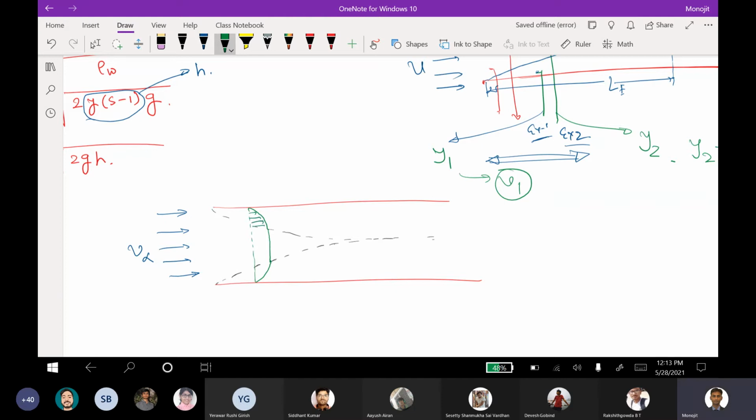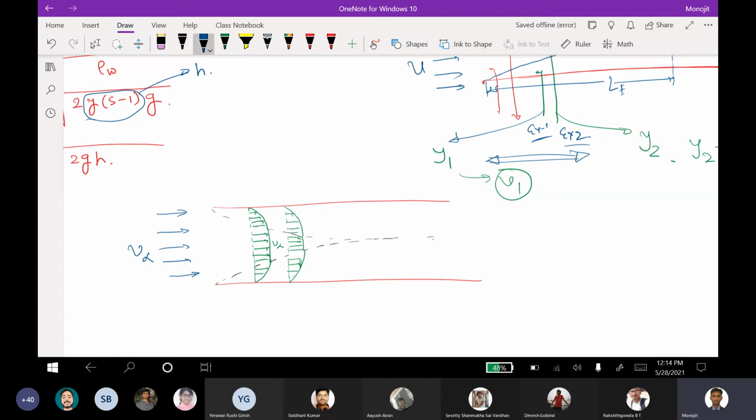It will start from 0 and reach a value u infinity. So at the center you still have u infinity, and your flow gradually reduces to 0 at the walls.